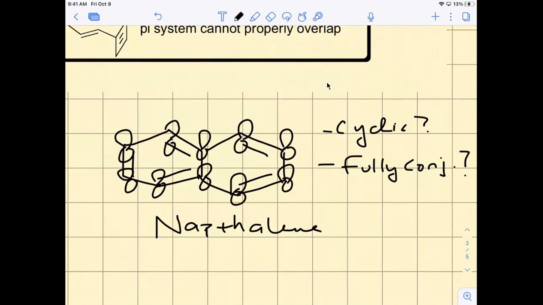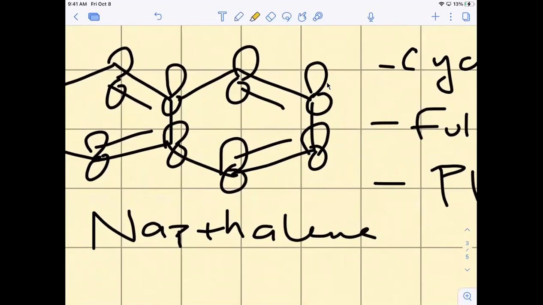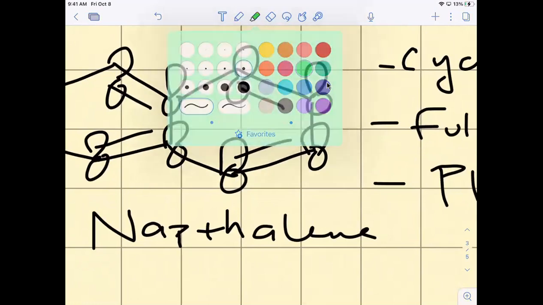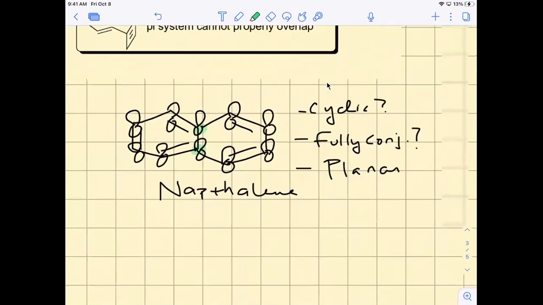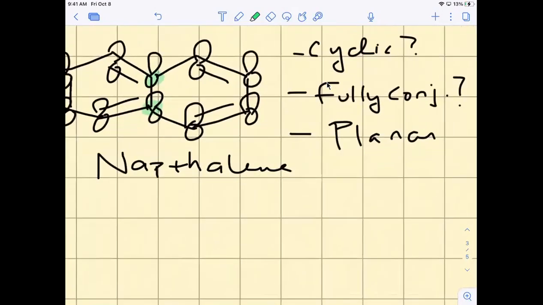Does that satisfy the full conjugation? Yes. And the fact that those carbons are sp2 right here, where the 2 rings come together, is going to ensure that it's planar, because that bond angle is going to be 120 degrees, and there's not much deviation from that. Even with it being bicyclic, it's a very rigid structure. All right. So it's fully conjugated, it's planar, it's cyclic. Now we need to figure out if it meets the Huckel rule.